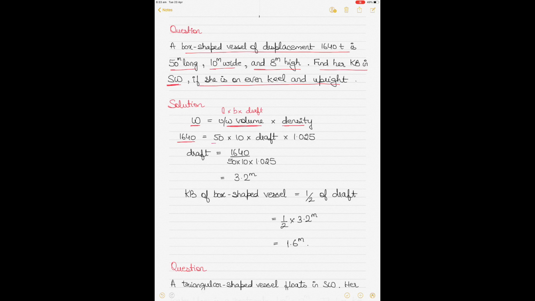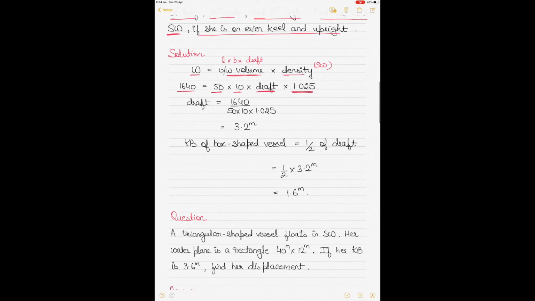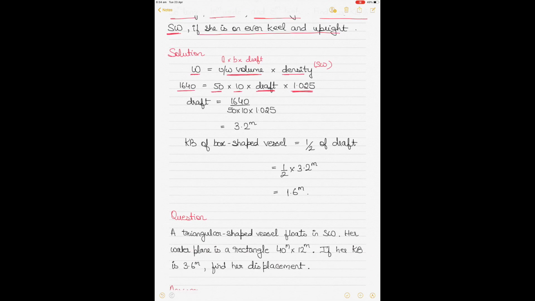So the underwater volume will be 50 by 10 by draft, multiplied by 1.025, because we are in seawater or salt water density. Then take the unknowns on one side and the knowns on the other side. So 50, 10 and 1.025 go to the other side. Therefore draft equals 1640 divided by 50 by 10 by 1.025, which gives you 3.2 meters of draft.